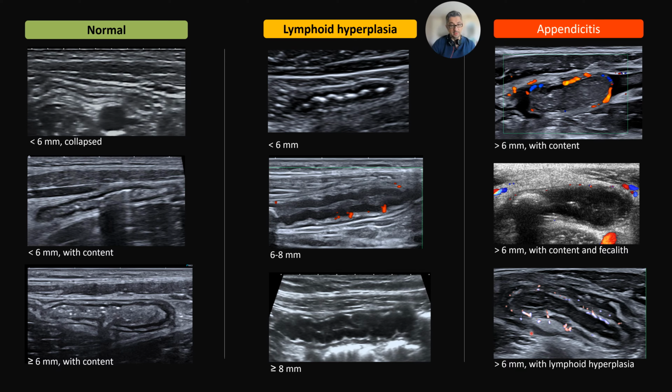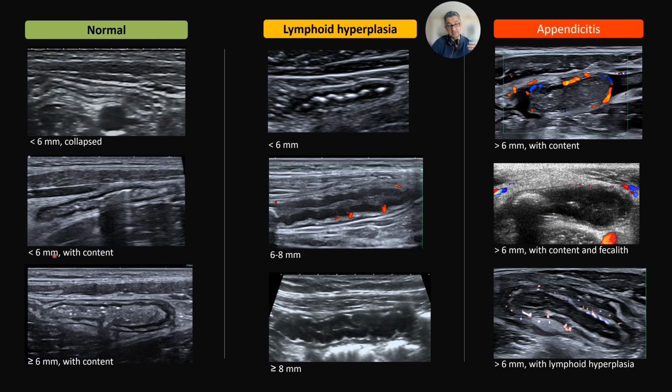And this group is appendicitis. This is based on the diameter of the appendix and the content, and if there is presence of lamina propria or not. So we have 9 categories. It's a normal appendix, collapsed lumen under 6 millimeters.